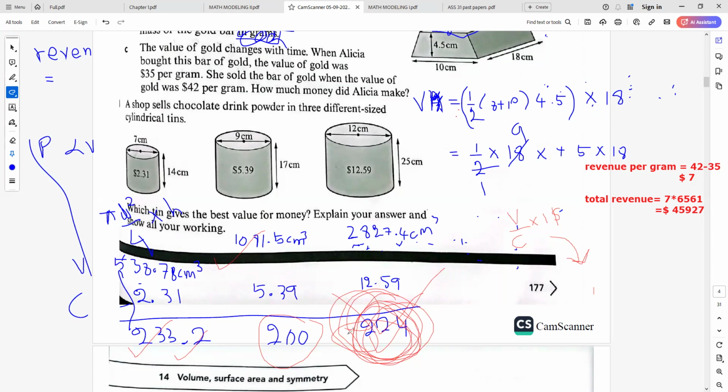By looking at these values, this one is bigger, so this is the profitable tin. We can drink more chocolate powder for the money we give, so this is profitable for the customer.